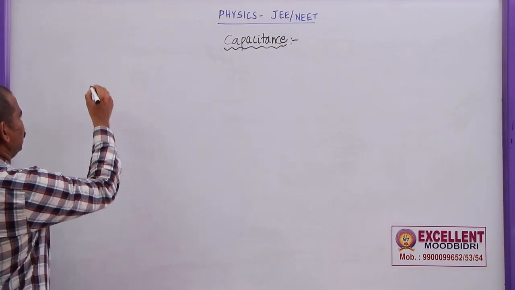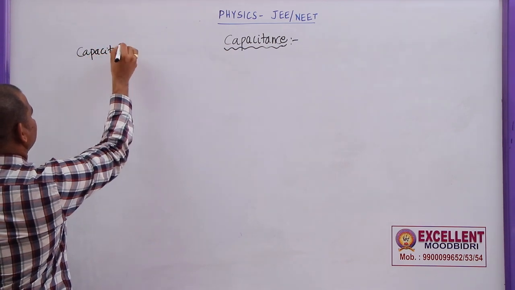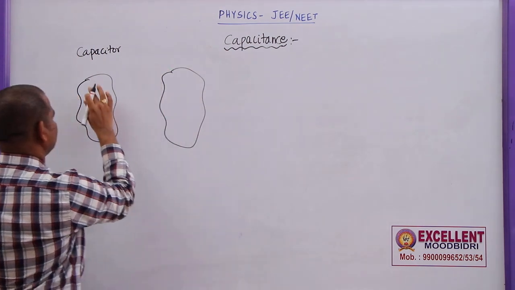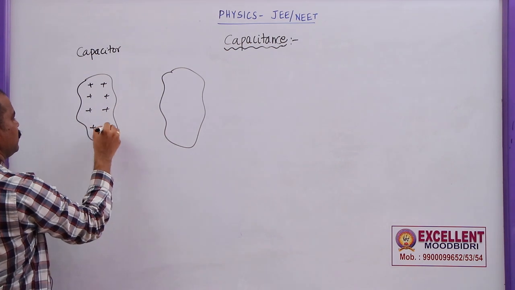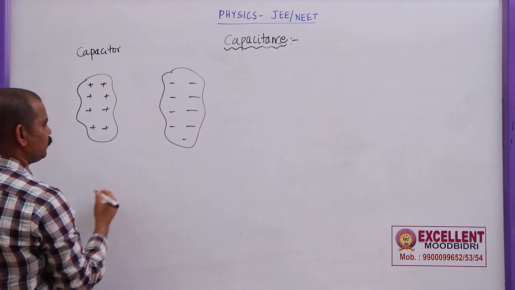Here, in general, a capacitor consists of two conductors. One is charged positively, the other one is charged negatively.